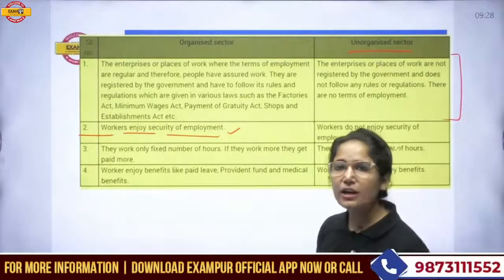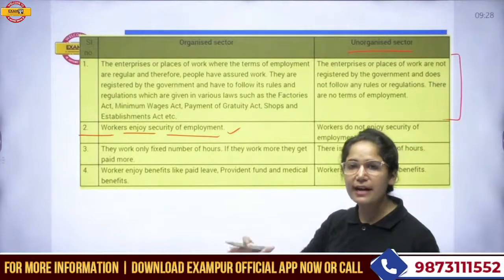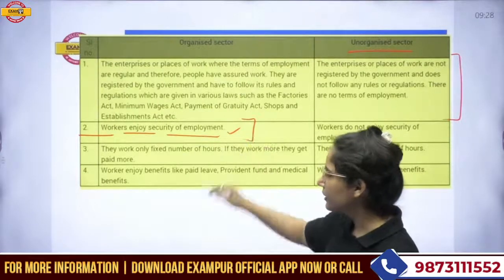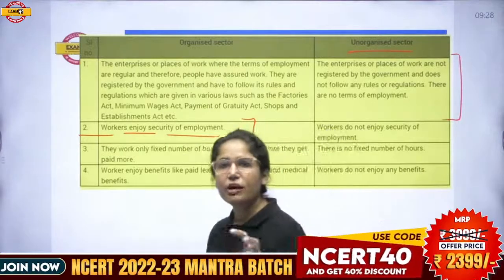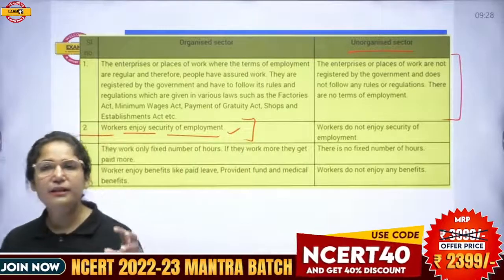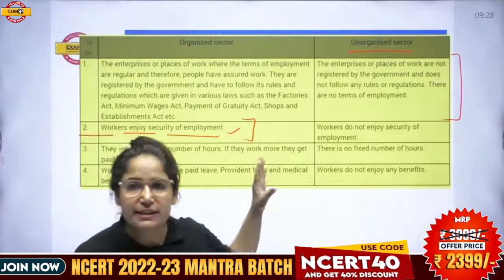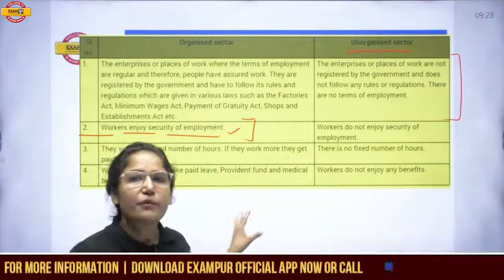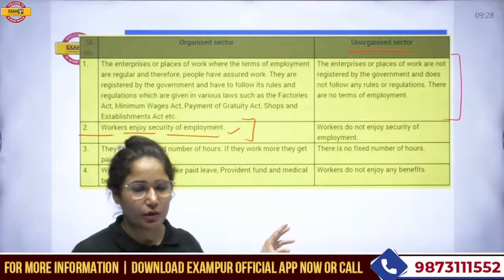It is not at all uncertain in nature, as everything is given on paper and things are registered. Government is known to me, in the sense that if you are registered under some category, government is well aware what kind of person he is and where he is working.